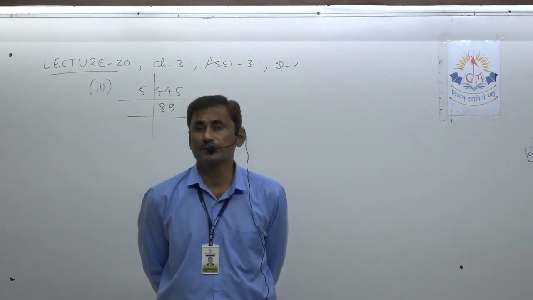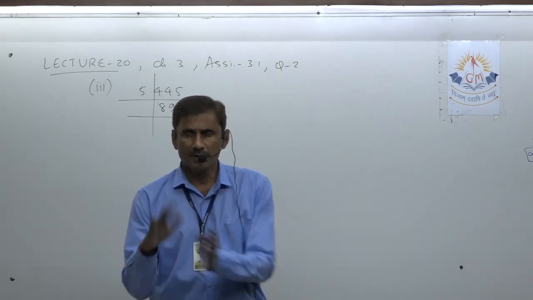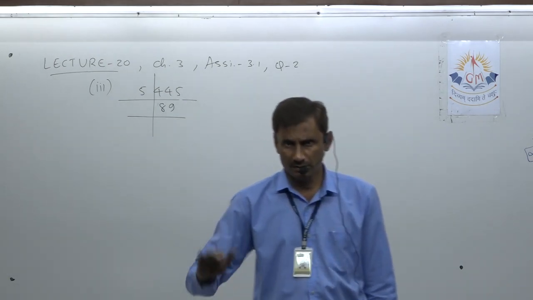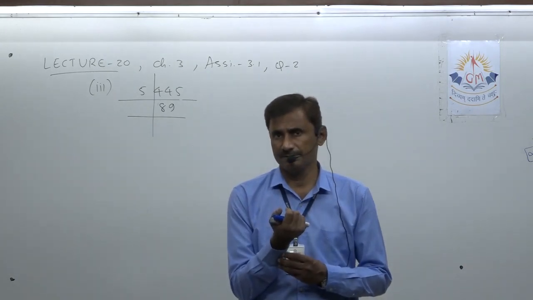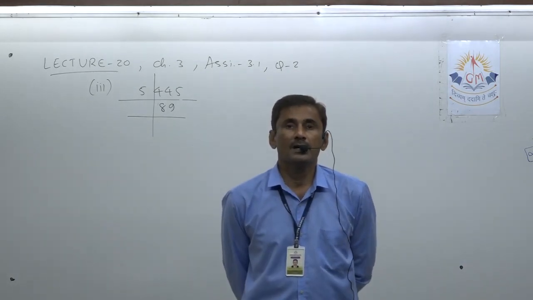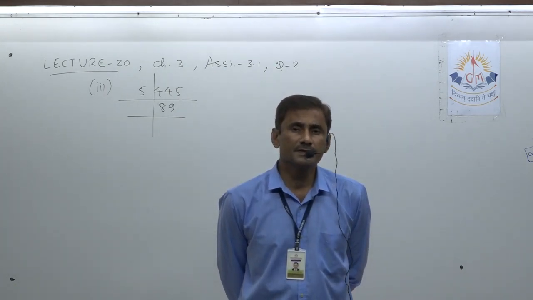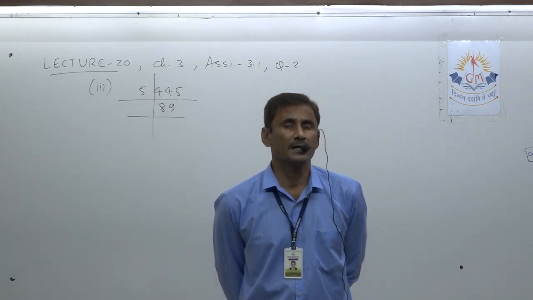We don't know because it is not a perfect square number. But after 89 there is 100, which is a perfect square number. Go up to the next perfect square, 100, and the square root of 100 is 10. So check up to 10 only, not beyond 10.